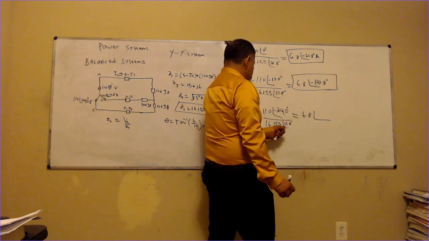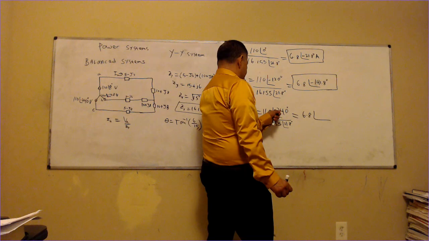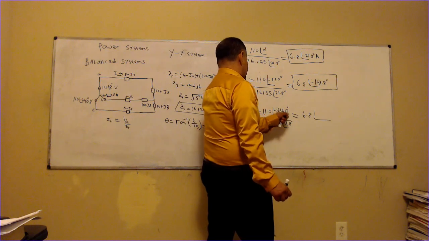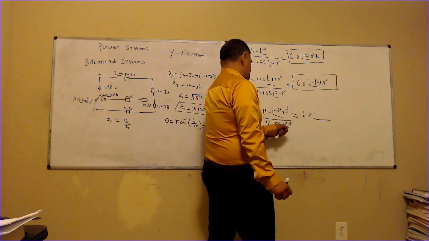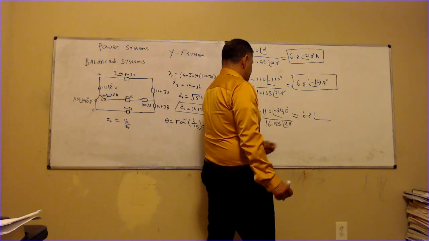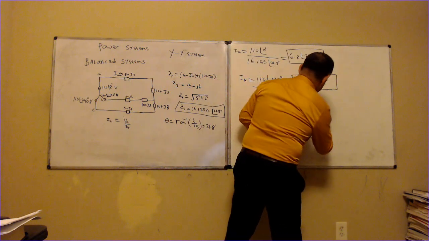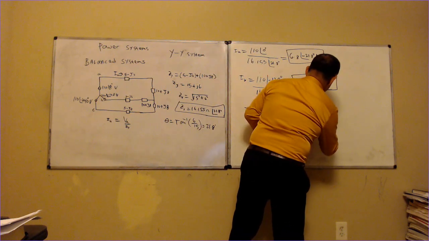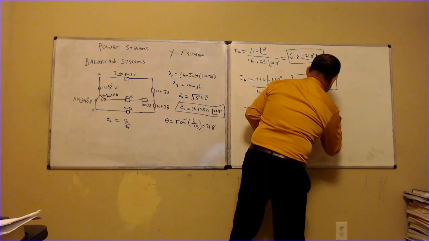So subtracting that from the top, and this is already negative, it's going to be minus times minus, which is going to be adding the two numbers, which is going to be negative 261.8 degrees.